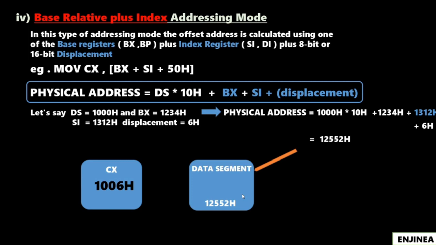Another example for this type of addressing mode can be MOV, inside brackets BP plus SI plus 1200H, comma CL. The only difference between this addressing mode and the previous one is, here the offset address is provided in our destination. So whatever value is stored inside this CL register, it will get stored in this address.